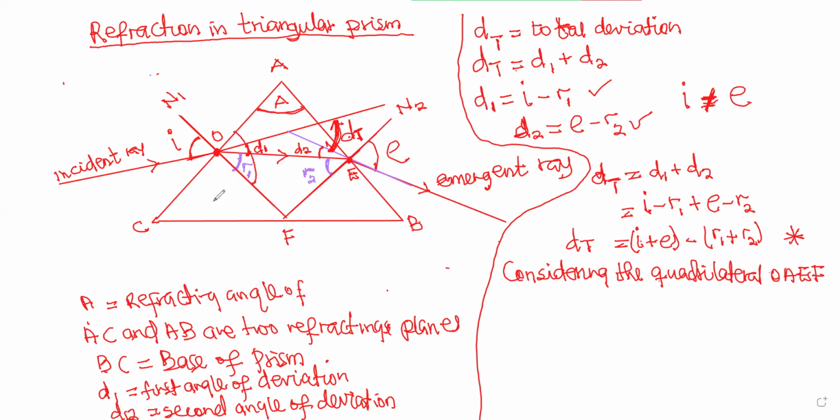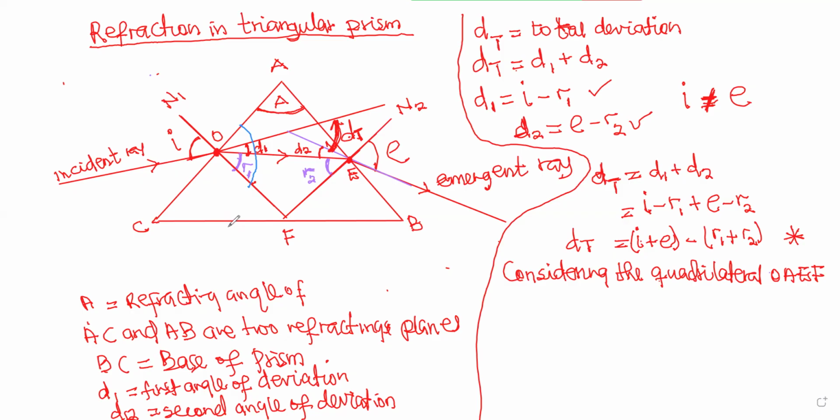Class, what is this angle between the first normal and AB? What is this whole angle? Let me change the color to help you see. What is this whole angle? Can somebody help? I mean, what's the value of this whole angle from the normal to the plane AC?